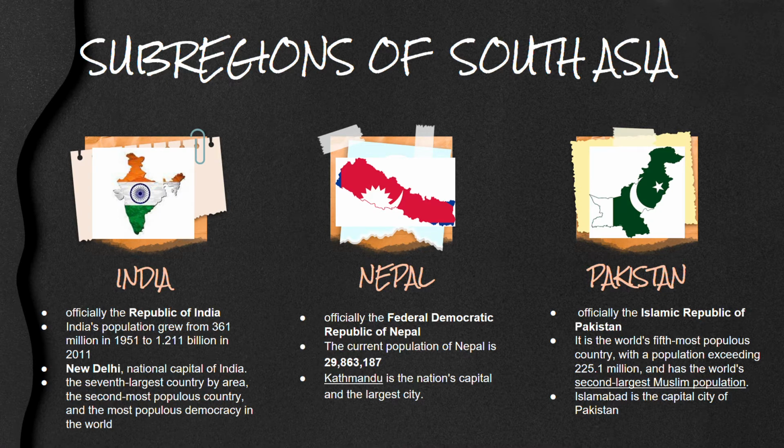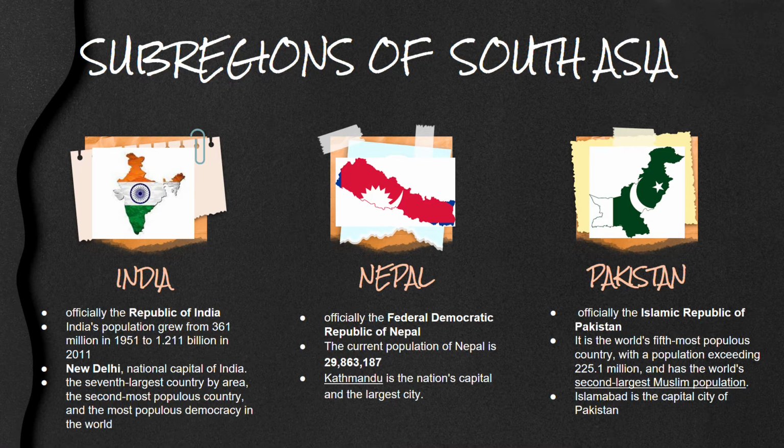Next is Nepal. It is officially the Federal Democratic Republic of Nepal. It's a landlocked country in South Asia. Nepal has a diverse geography, including fertile plains, forested hills, and 8 of the world's 10 tallest mountains, including Mount Everest, the highest point on Earth.